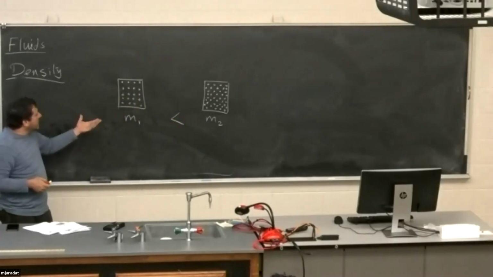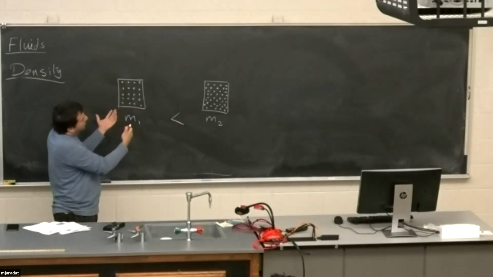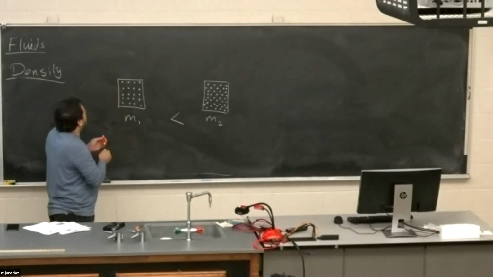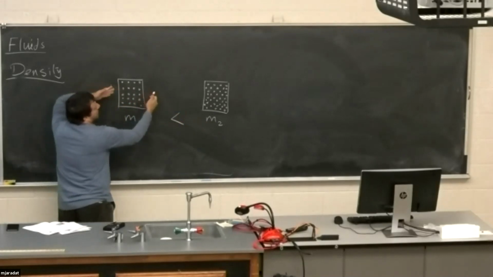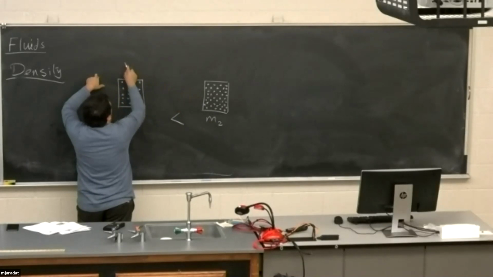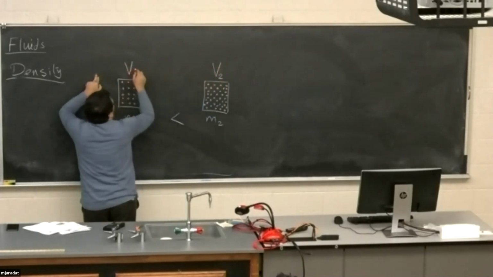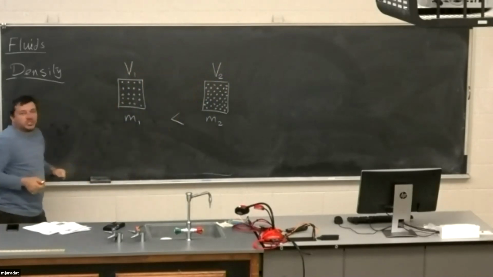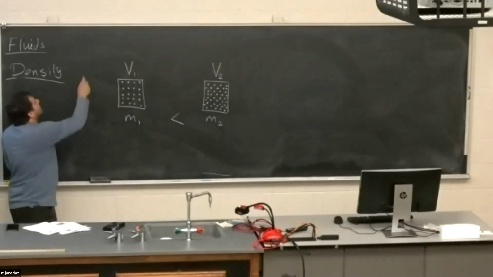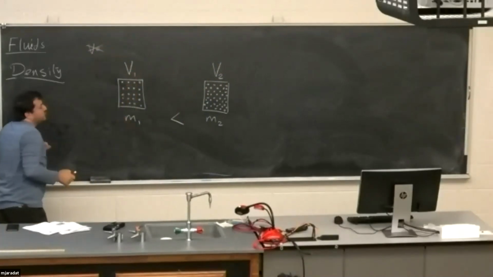Okay, to connect these 2 systems, we have for each object a volume. This is volume 1, that's volume 2, which is V, capital V. It is not the velocity. Okay, it's the volume now.